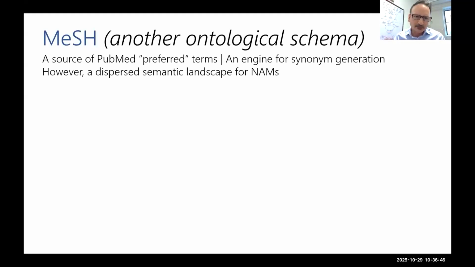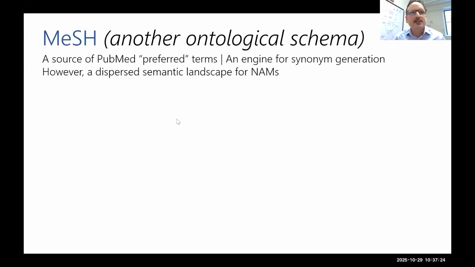And this is where I think it's a little challenging to capture everything related to NAMs. The NAMO ontological schema we saw earlier was developed specifically for NAMs practitioners and researchers, putting to the side everything else around biomedicine. The MeSH database, which began in the 1960s, is designed to capture all of biomedicine.